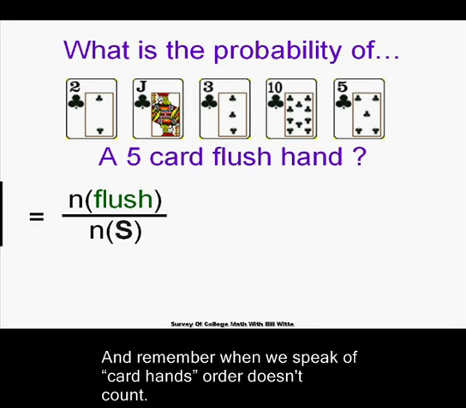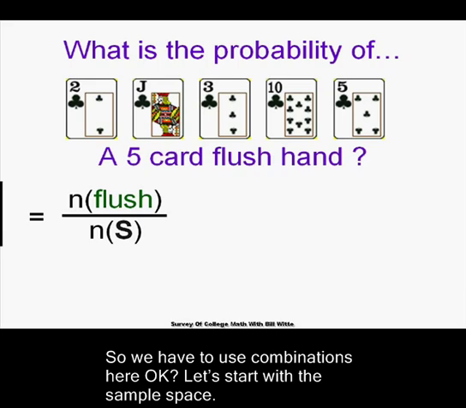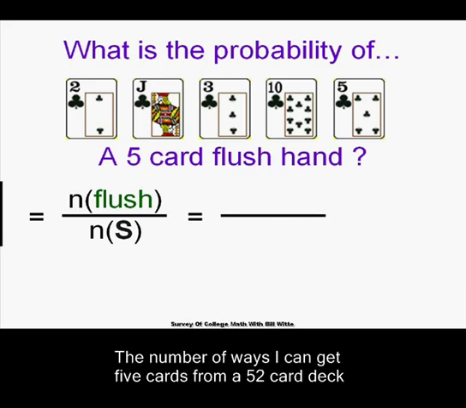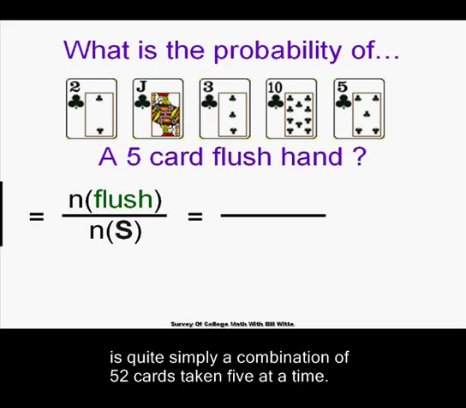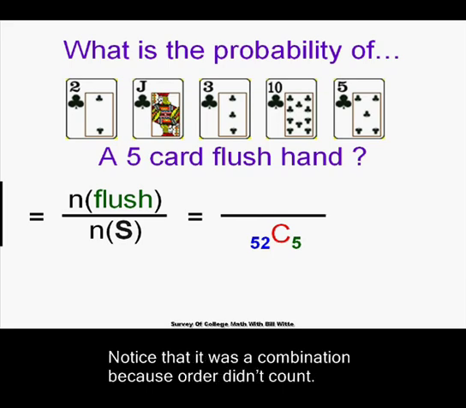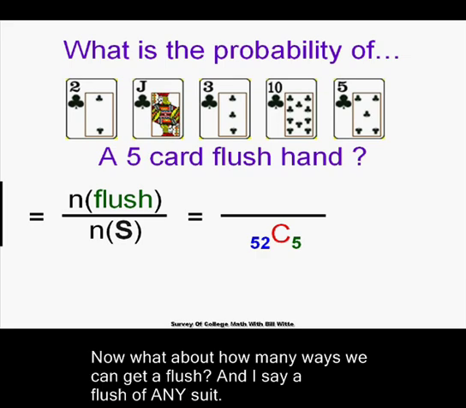So we have to use combinations here. Okay, let's start with the sample space. The number of ways I can get 5 cards from a 52 card deck is quite simply a combination of 52 cards taken 5 at a time. Notice it was a combination because order didn't count. Now, of getting a flush, and I say a flush of any suit.